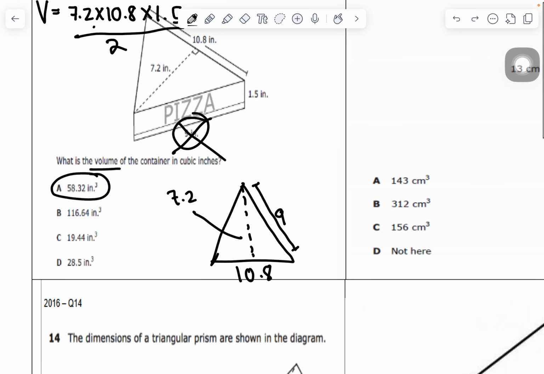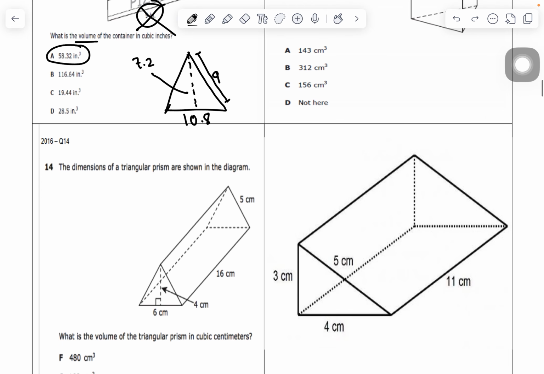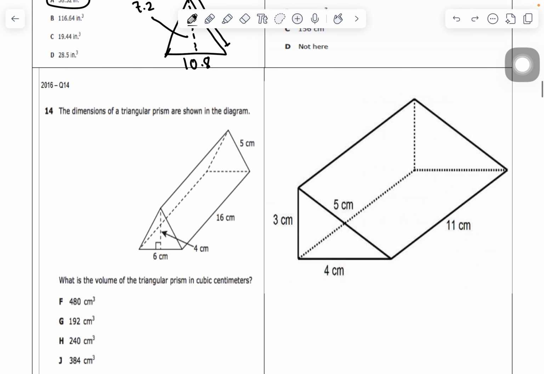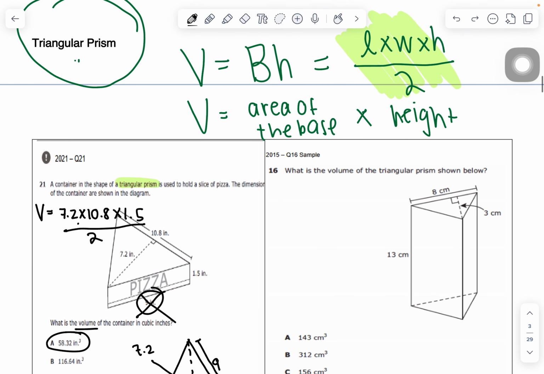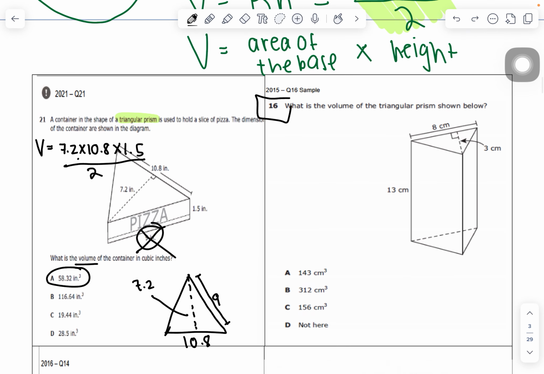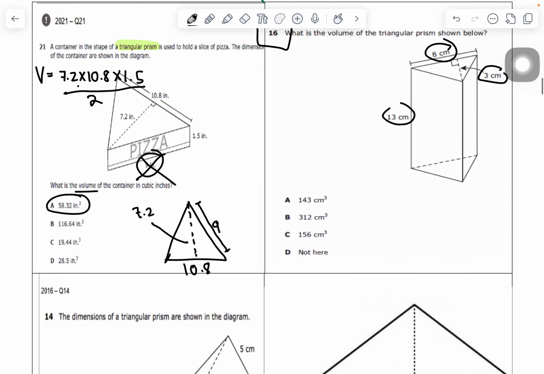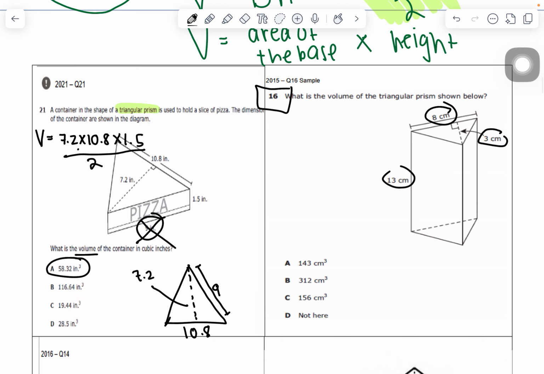Okay, let me show you just one more example and then you're good. Look, 16 is easy because you only have 3 numbers. So you're going to multiply the 3 and divide by 2. So 16, I'm going to have your teachers check that you're able to solve 16.